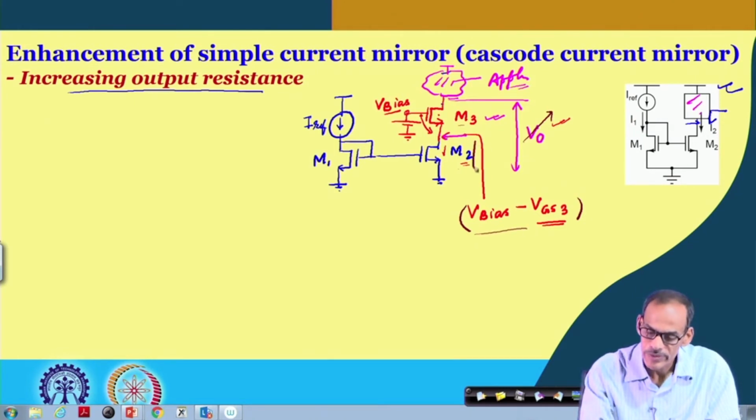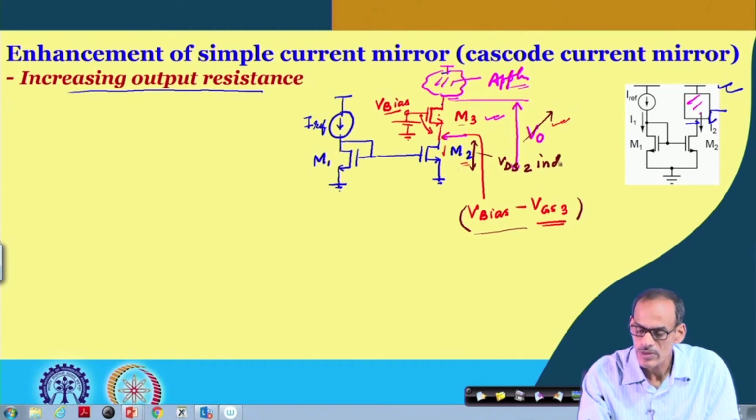So, we can say it is remaining almost constant. As a result, we can say that VDS of this transistor is independent, I should say quote and unquote, of the output voltage.